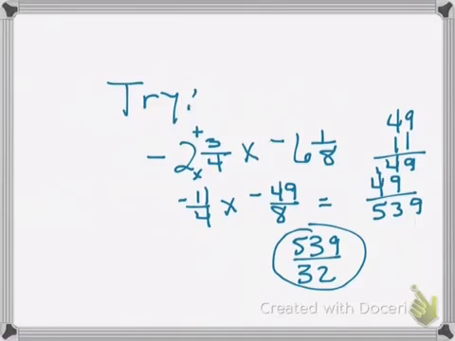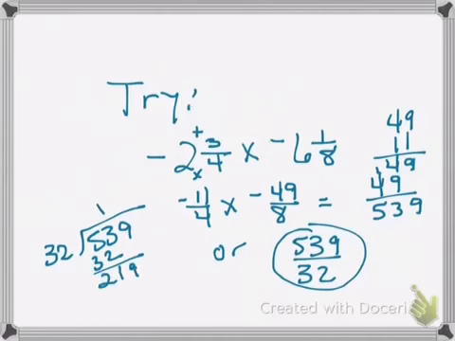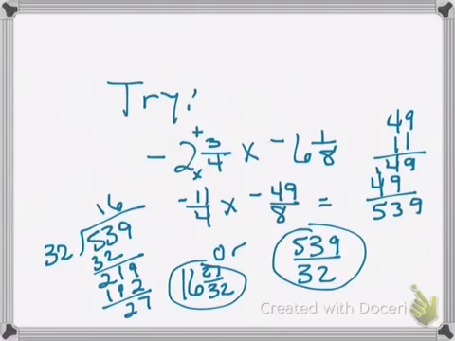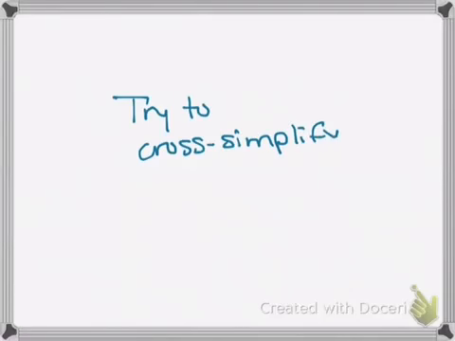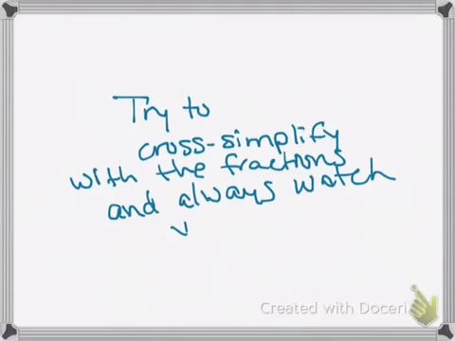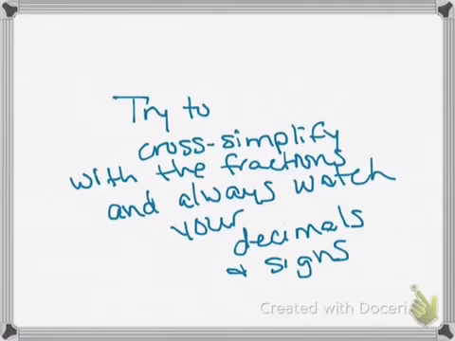If you're not happy with that answer, if you want to make it a mixed fraction, divide 539 by 32, and you'll find that the answer is 16 and 27/32. Again, it's positive because the signs are the same. Just remember, try to cross-simplify with your fractions, and always watch your decimals and your signs.